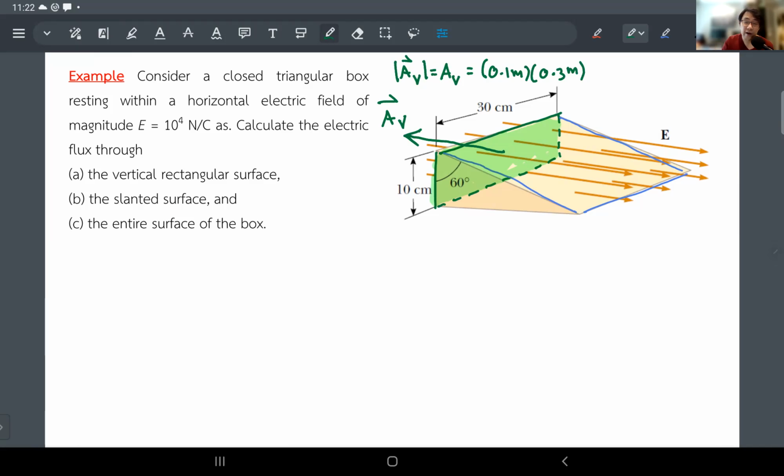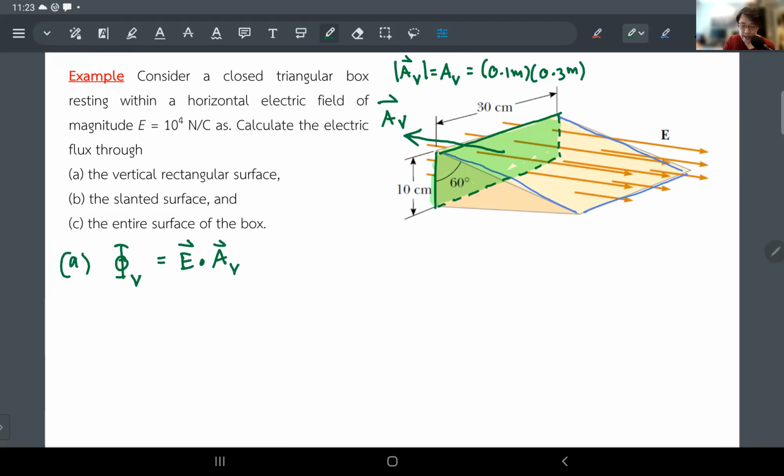But now you can tell by the direction that it points opposite to the electric field. So the angle between these two is going to be 180 degrees. So let me figure that out. The flux on this vertical surface, let me use subscript V as well, is going to be the electric field dot with the A sub V vector.